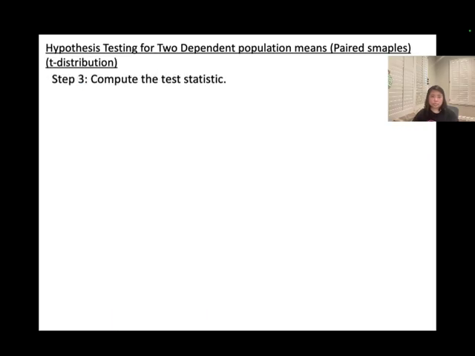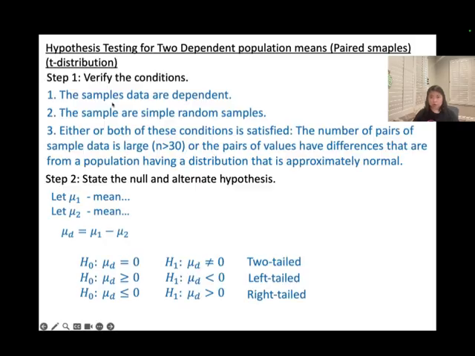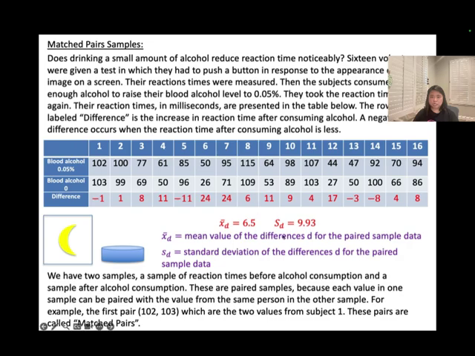Step 3, find the test statistic. You do have the formula here. We'll be using the t-distribution. The x bar d here is called the mean value of the difference for the paired sample data, just like our example here. Find out the difference, and use your calculator to find the mean value of the difference. You also need the standard deviation of the difference.